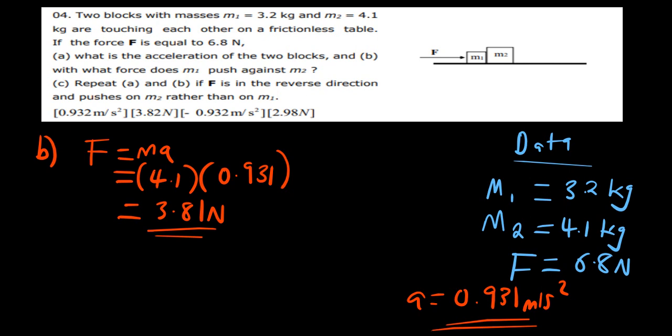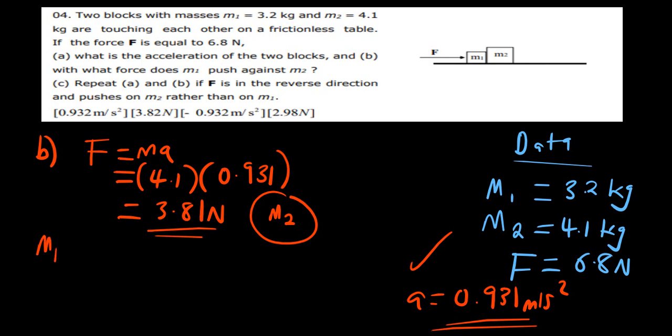For the box m1 to move at this acceleration, what is the force on m1? Because we've only found the force for m2, which is 3.81. Let's find the force for m1.